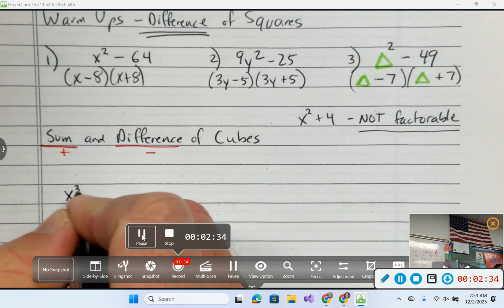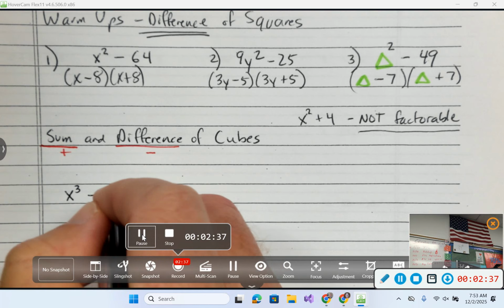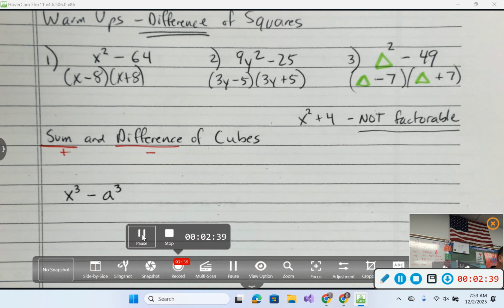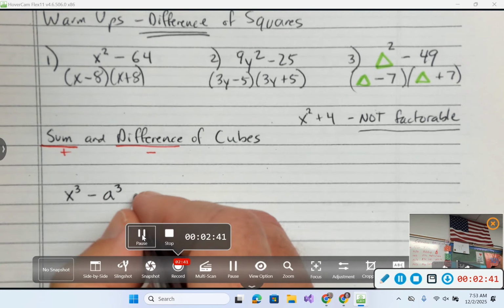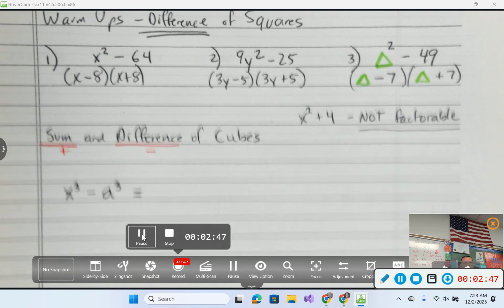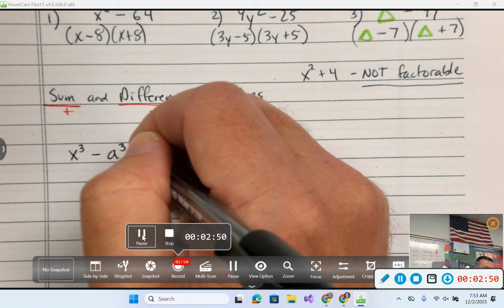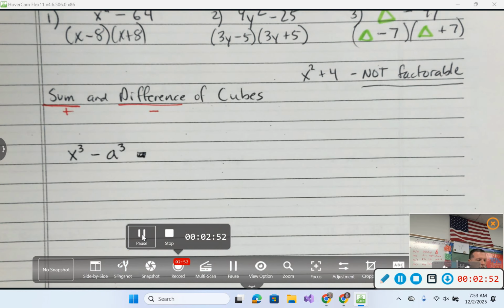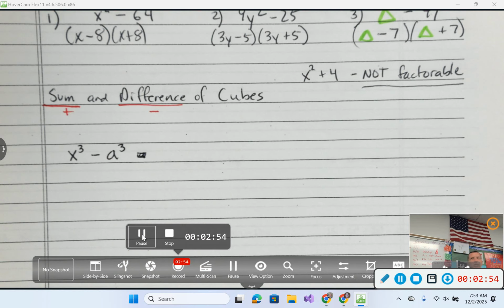Okay, so let's say we want to factor x cubed minus a cubed. Let's not go left to right; let's do it like we did the others. Let's go down. This is just going to be a pattern you're going to have to memorize.